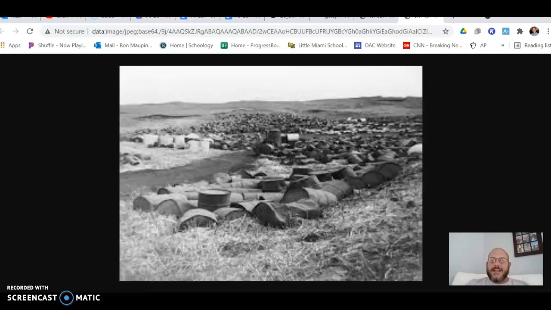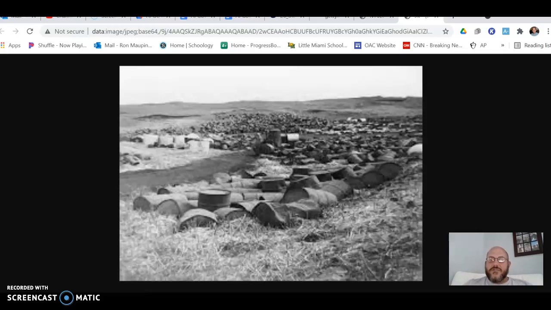And unfortunately, by the 1960s and 70s, we started to see the results of these hazardous chemicals making their way into the groundwater, which then led to outrageously high levels of cancer, particularly leukemia, in the community.